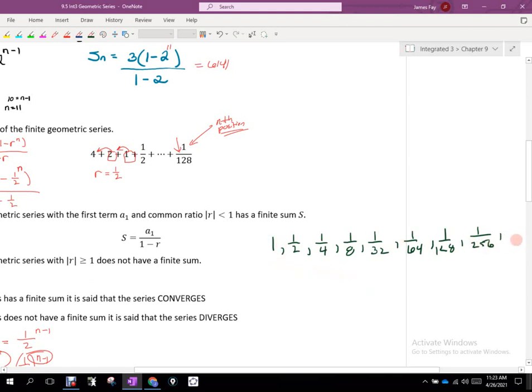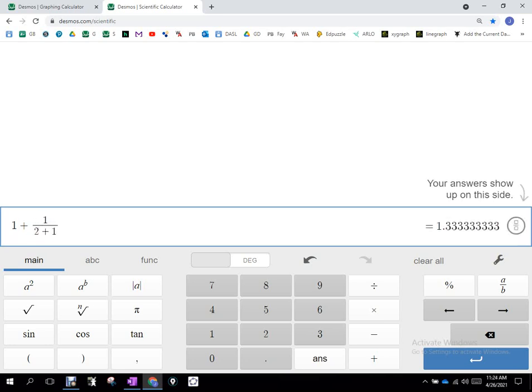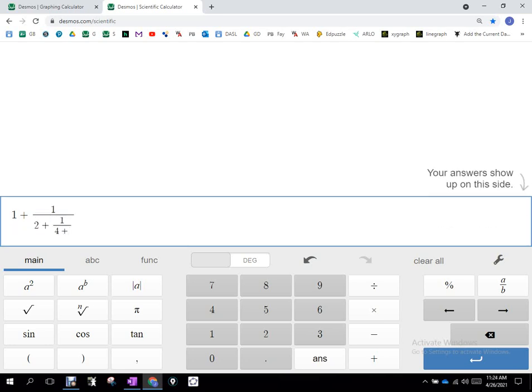I take that sequence and start adding them together. So take 1 plus 1/2 plus 1/4.